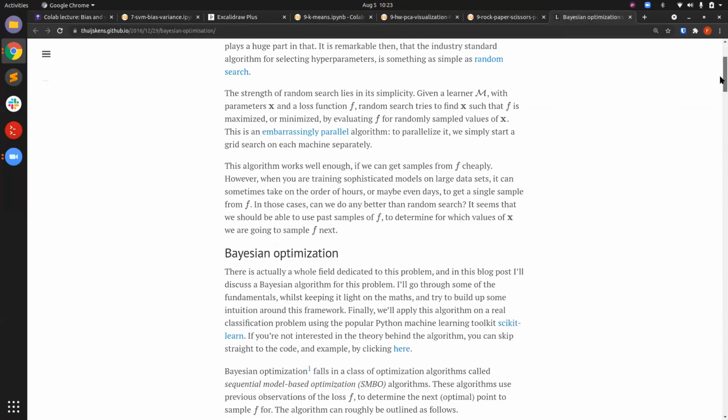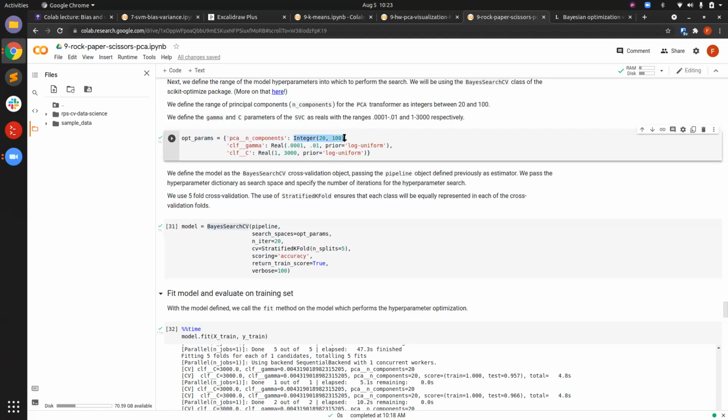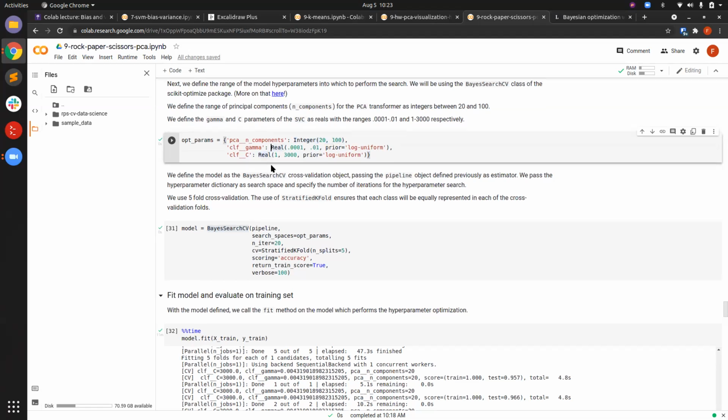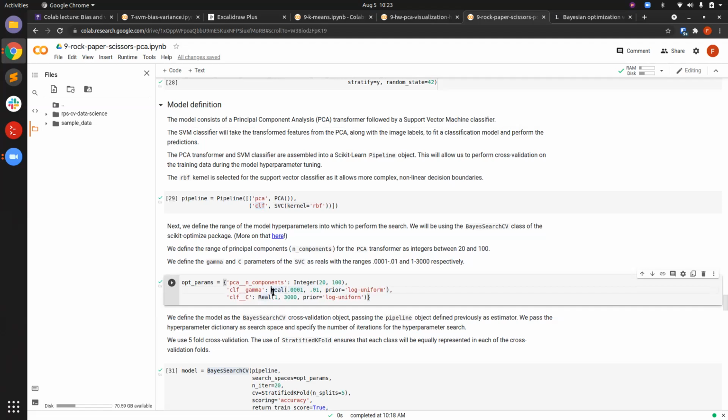So I do still have to define the range of values I want to search. I'm going to say search among PCA number of components between 20 and 100. And for my classifier that I defined, search gamma values between 0.0001 to 0.01. And for C values, search from 1 to 3000.